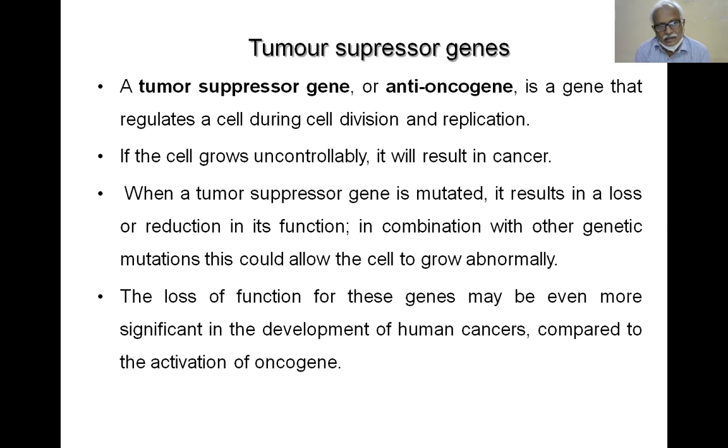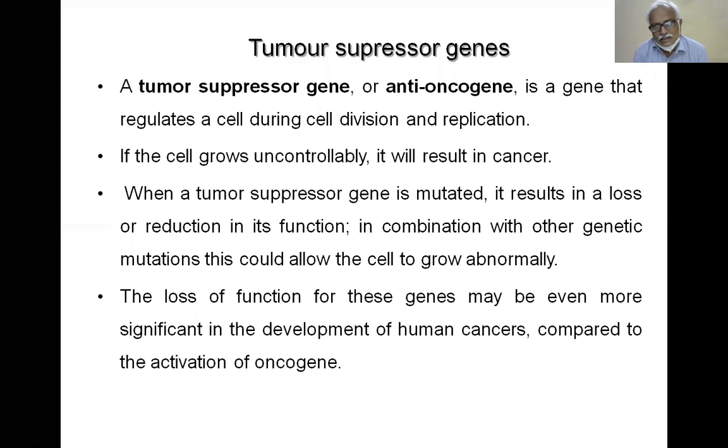A total loss of the function may be there, or a part of the function may be reduced. So in combination with other genetic mutations, this could allow the cell to grow abnormally. Not alone, these things will lead to the abnormal growth. In association with other genetic mutations, they will allow the cell to grow abnormally.